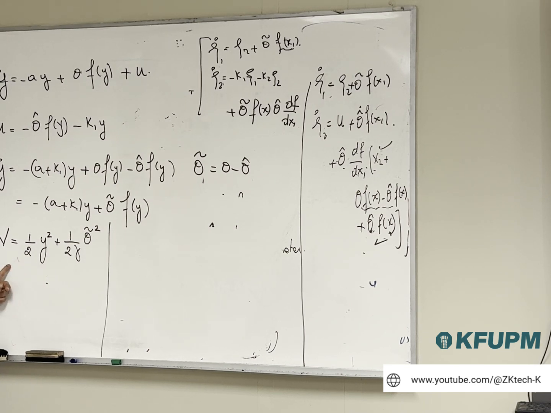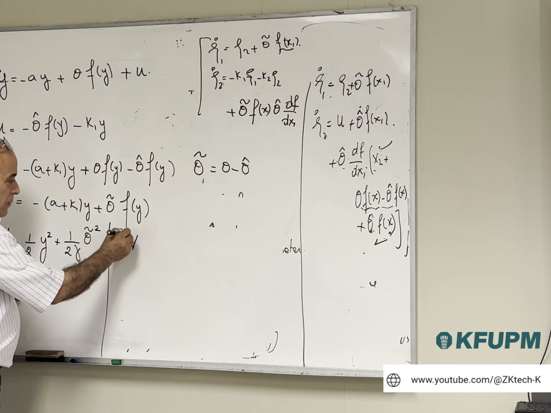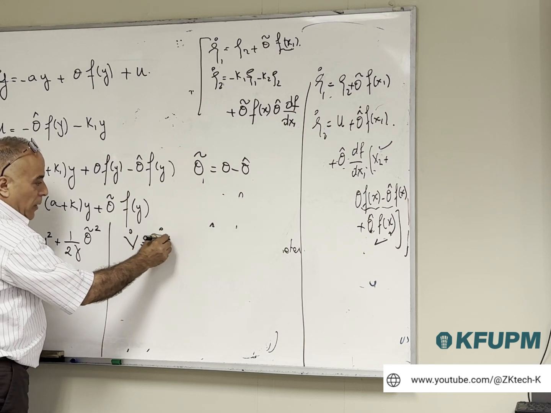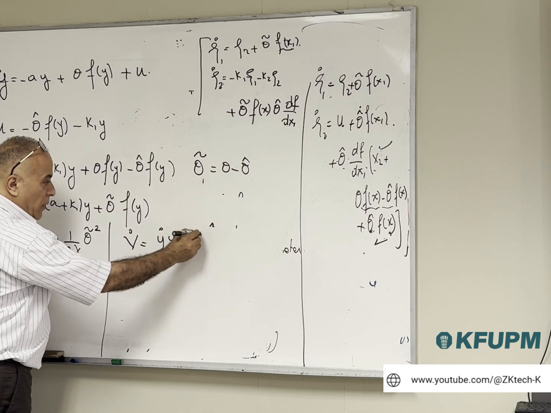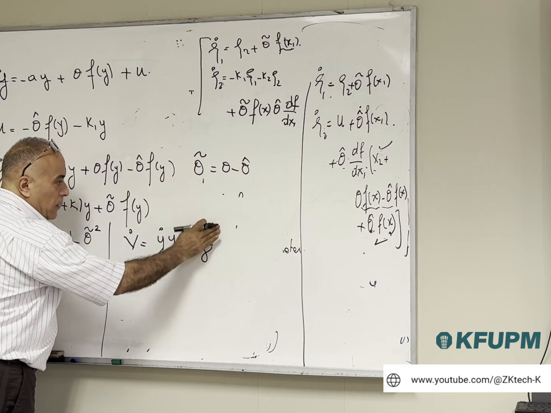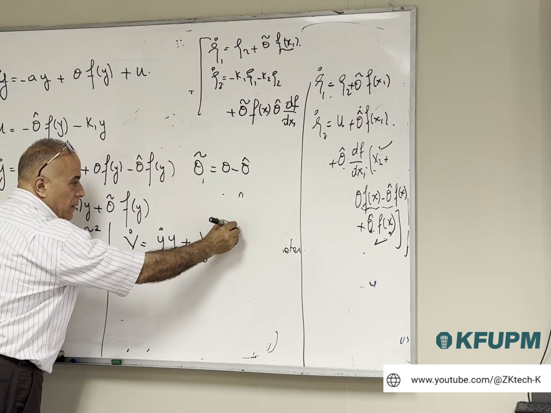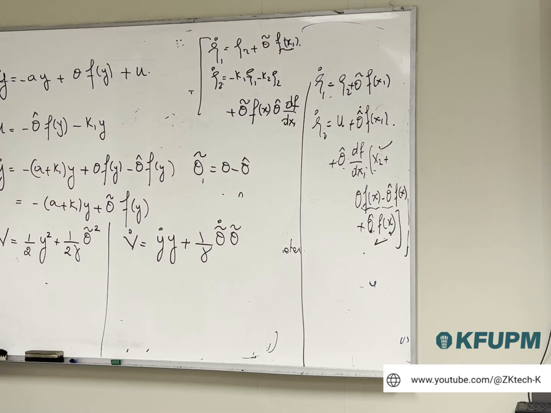If the derivative of this function is negative. So we take the derivative, and this derivative will give me y prime multiplied by y plus 1 over gamma theta tilde prime times theta tilde. You are okay with this? You are clear with this?